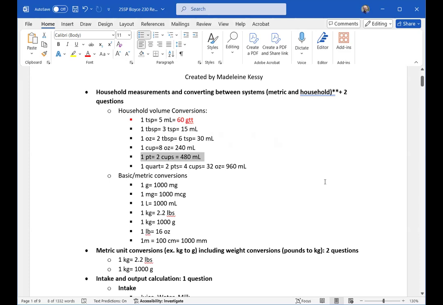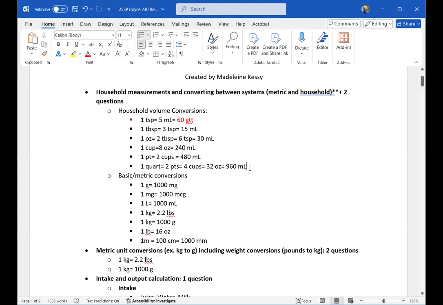I don't know ultimately if 20 milliliters makes a big difference as far as fluid intake is concerned in general, but when you're coming up with your final answer, if you're using 500 milliliters instead of what the nursing department wants you to use, 480 milliliters, then your answer is going to be off by 20 milliliters at least, depending on what else you do. And then if you used 1,000 milliliters for a quart, now you're off by 40 milliliters. So just make sure you're using these numbers.